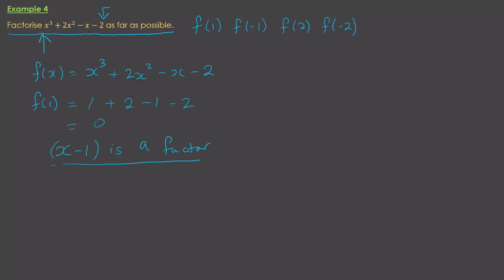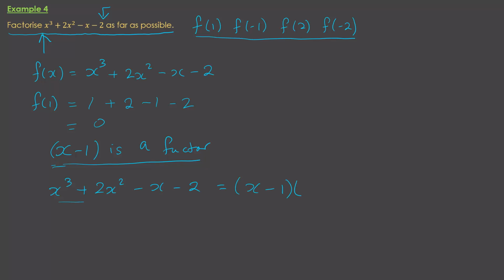So once we know that's a factor, we could actually go ahead and look for other factors, but the better approach is to say that we know that x cubed plus 2x squared minus x minus 2 will be equal to x minus 1 times something.